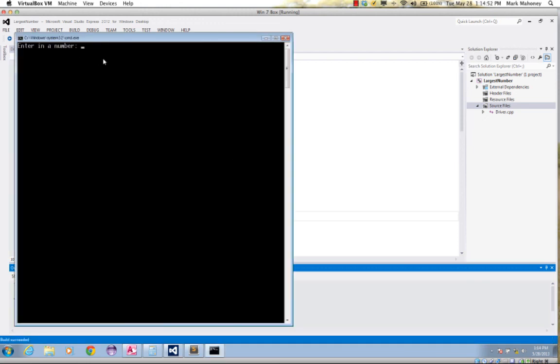It says enter in a number. I'm going to put in the exact same numbers. 17. And it says, would you like to enter another number? Yes. 21 was the next number.